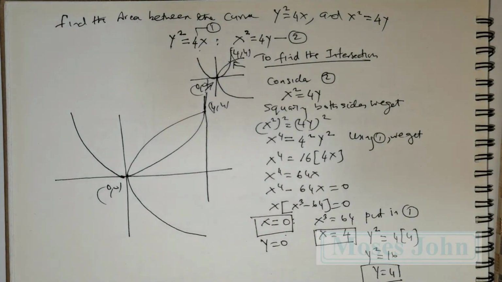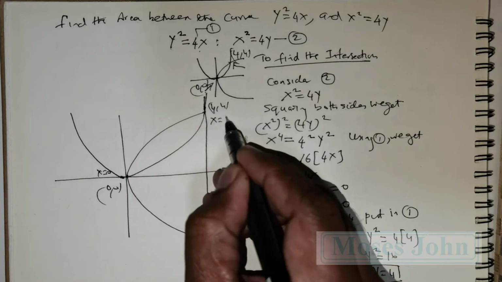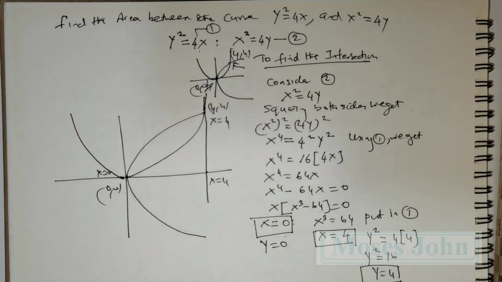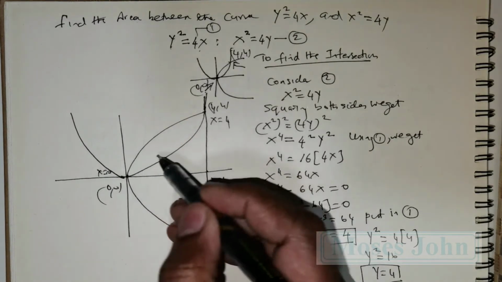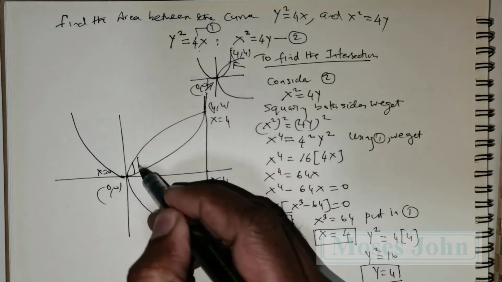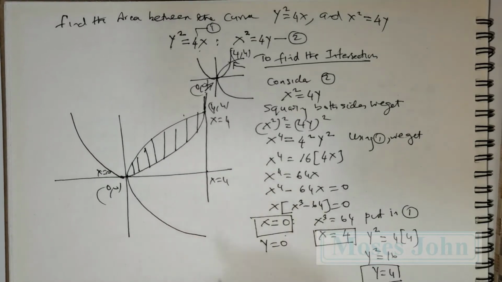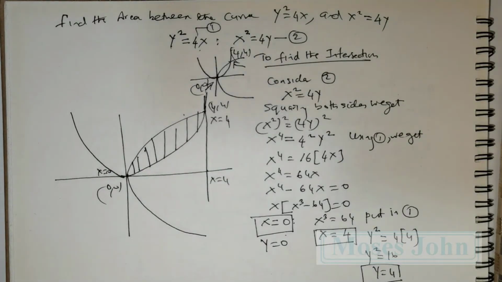Now when I do that, my x varies from x is equal to 0 to x is equal to 4. So this point is x is equal to 4. So we will have to find the area that these two curves make. This is actually the area that we need, because the question says area between the curves.